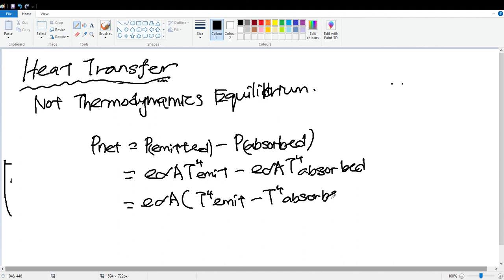So finally, this is the net power we get for the difference in temperature between our object and the surrounding temperature.